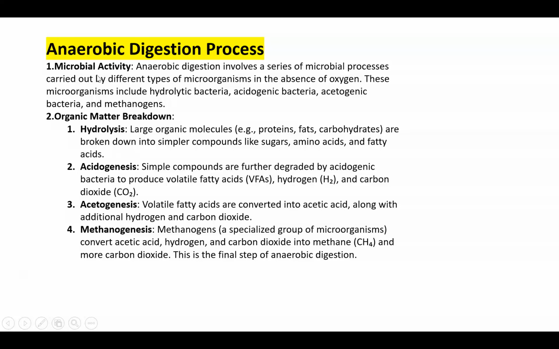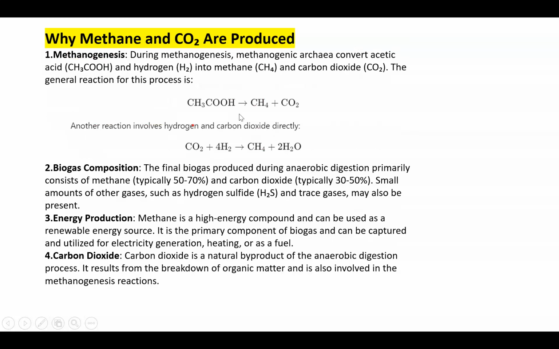I hope you all know these different phenomena, which you may have referred to from the lectures. Now, in this process, why do we say that methane is produced? People are using this methane as a renewable energy that we are getting.